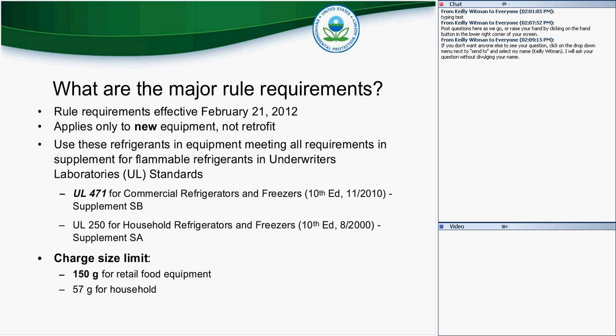The other big requirement is that there is a limit on the charge size, and we're talking about 150 grams specifically for retail food equipment. That is similar to a requirement in the UL 471 standard.